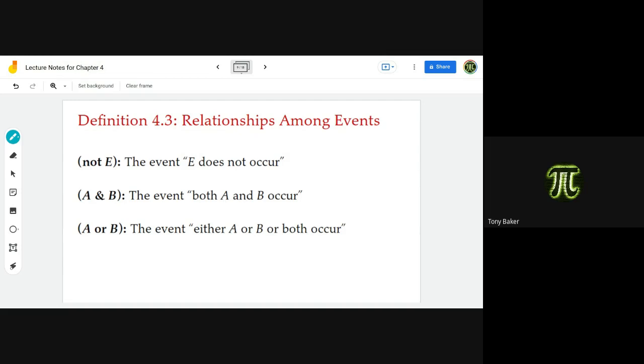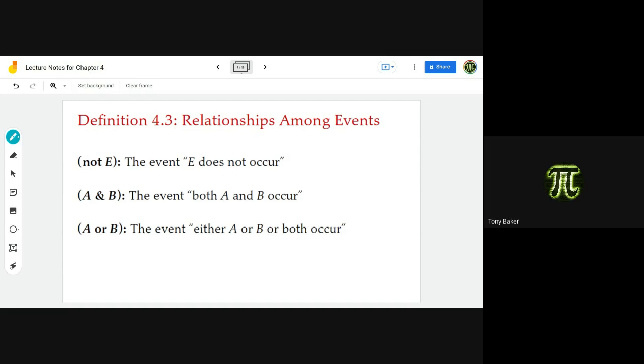It's easier to find those things that don't work and then subtract that from the whole to find my answer. If I said I want everything except for the kings, I know there's 4 kings, so my not event would be the 4 kings. If I said 1 minus those 4 kings, I'd get my answer. That's easier to think about sometimes than thinking about how many other options there are.